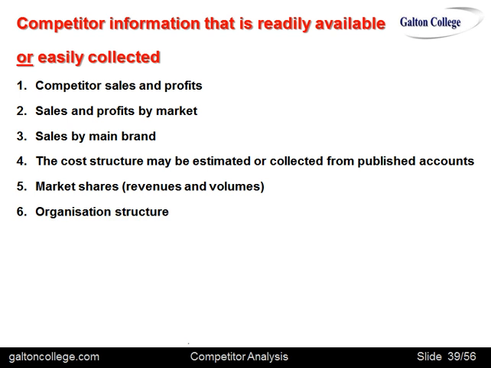The organization structure, that may be worked out from press releases or from published information that the company puts out periodically. So it may be possible to work out what the structure is, who is the director for marketing, who is the director for research and development, and so on.